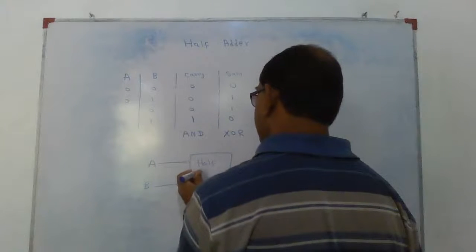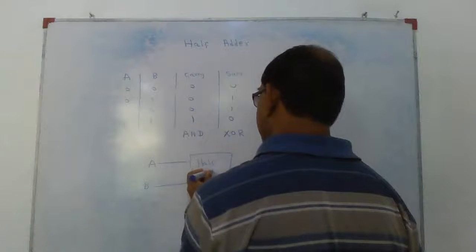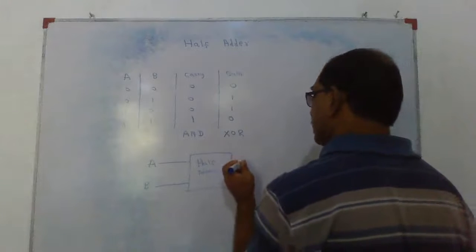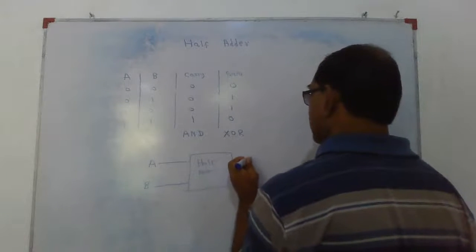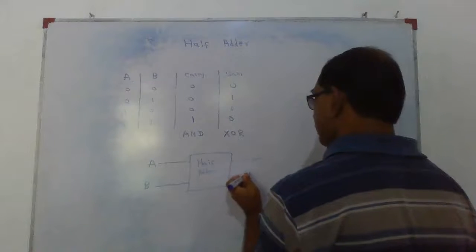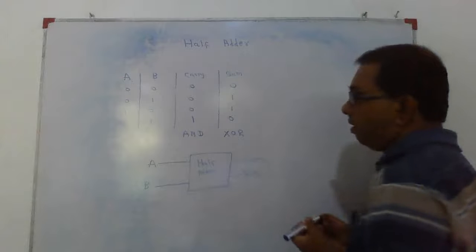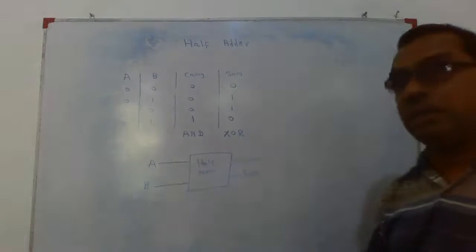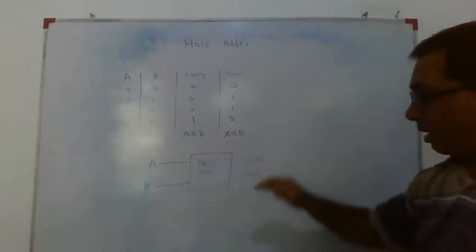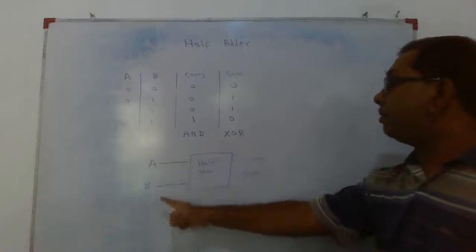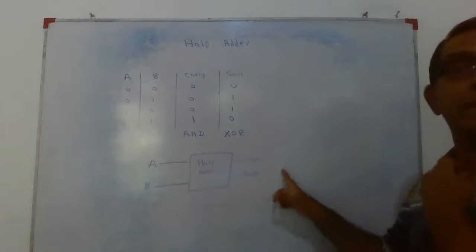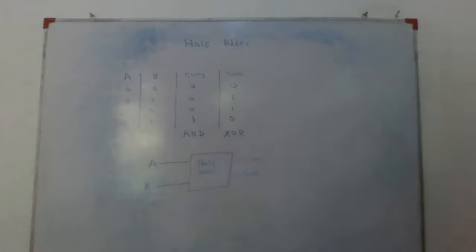So half adder provides carry and sum. Now see, in order to get an idea, we have 2 inputs. We pass them into a half adder, so then we get the carry and the sum.